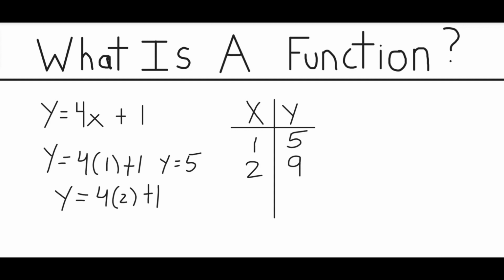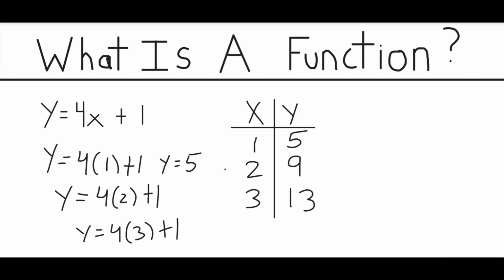Let's do one more. Let's say x is 3. Y equals 4, we would plug in 3. 4 times 3 is 12, plus 1 is 13. So if our input is 3, our output will be 13. And that is a function.